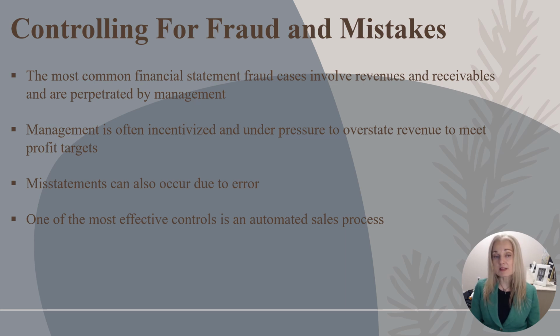Sometimes misstatements can occur due to error, but the best way to negate both errors and fraud is to have effective controls. And one of the most effective controls that you can have is an automated sales process that isn't susceptible to management override.